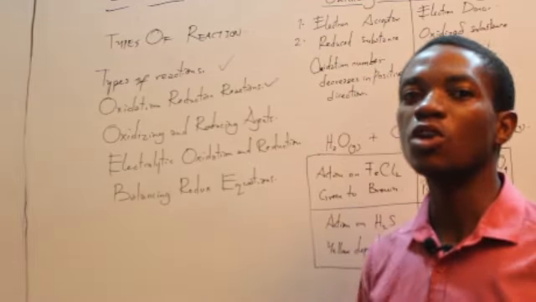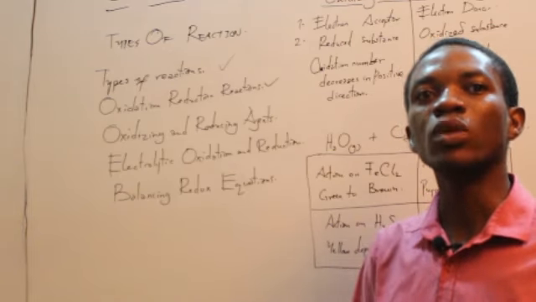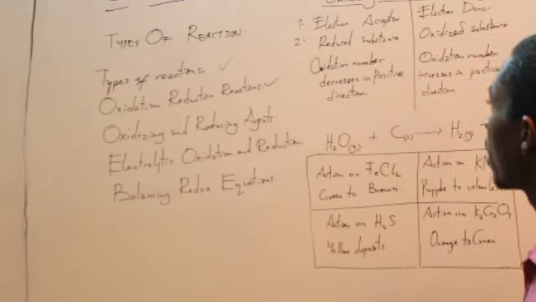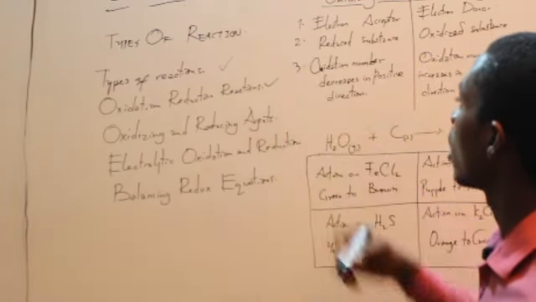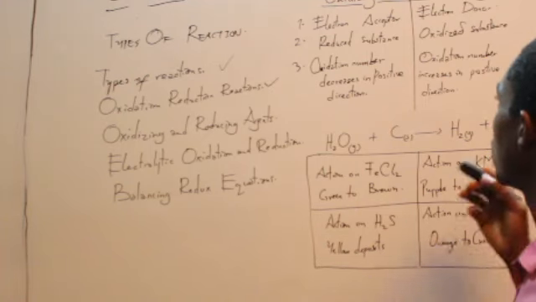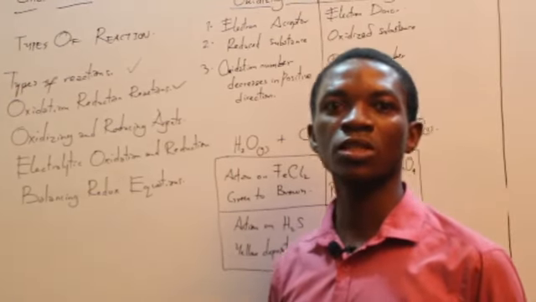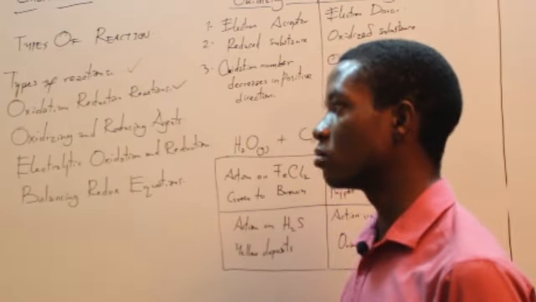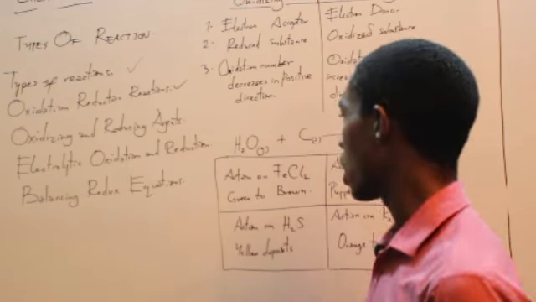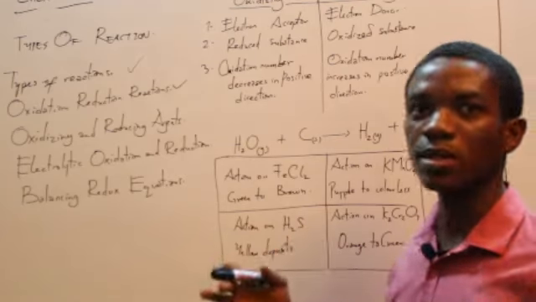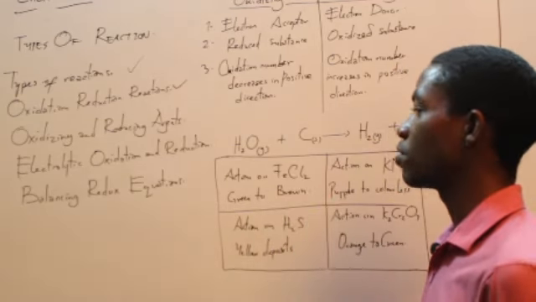At the end of the process, your reducing agent would have been oxidized. And also, oxidation number decreases along the positive direction in the oxidizing agent, while in the reducing agent, oxidation number increases along the positive direction. Don't worry, we'll explain that further when we work with Fe.